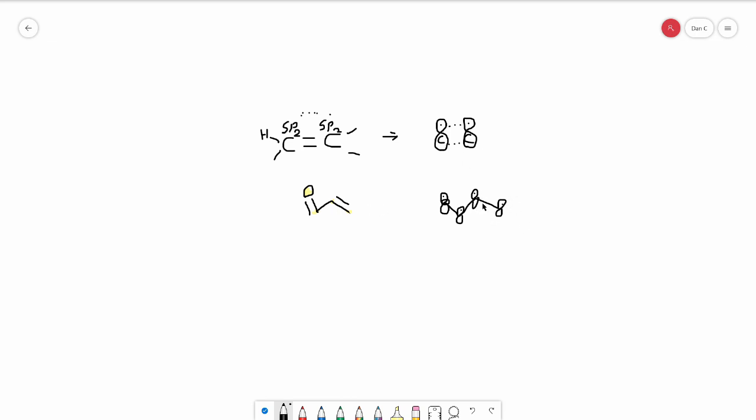But because they're all next to each other, they're all parallel, they're all able to overlap. So there's 2 qualifications that have to be met. We'll talk about that in a second. But what occurs is that the electron density is shared among all 4 p orbitals. So not just 2, it's shared between all 4.